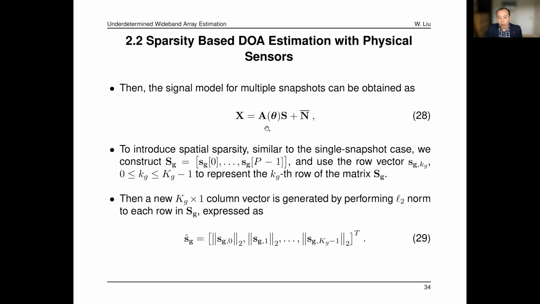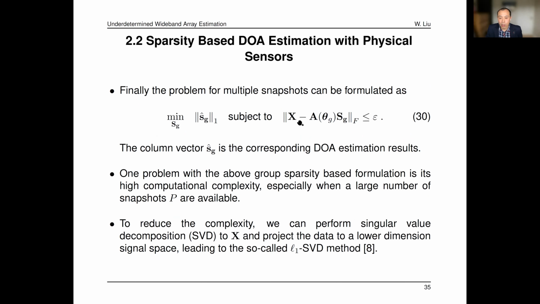However, when you have a large number of source signals, let's say 1,000, you have A(theta_G), and suppose you have 10 sensors and you sample the angle range with 1,000 points, then it will be 10 times 1,000. And if S_G has 1,000 samples, then S_G will be 1,000 times 1,000, a very large value.